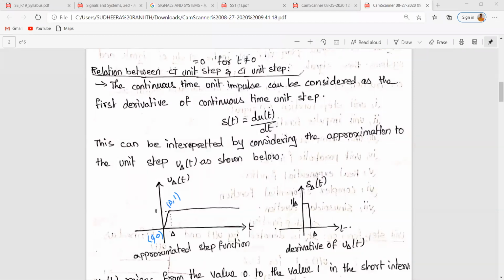Y minus y1 is equal to, yes, tell me. What is the point slope form of the line? Y is equal to mx plus c.